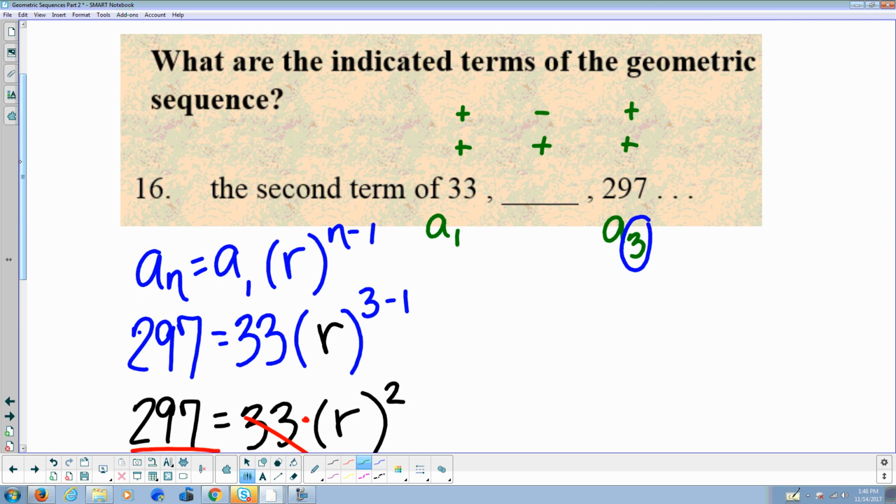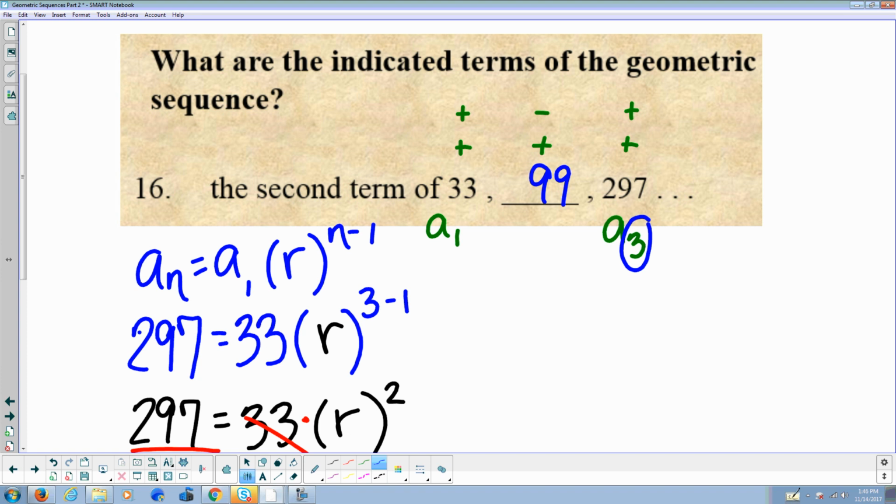So when I have to find the indicated term here, my R could have been positive or negative 3. If it were positive 3, then 33 times 3 would give me 99, and 99 times 3 would give me 297.